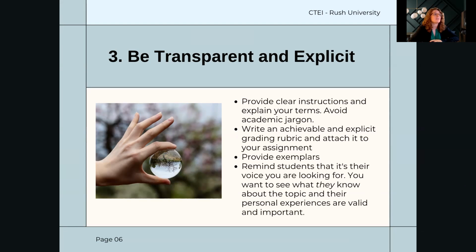Providing clear instructions and explaining your terms, avoiding academic jargon that hasn't previously been introduced or that isn't explained, writing an achievable and explicit grading rubric, providing exemplars or examples of student work with permission.